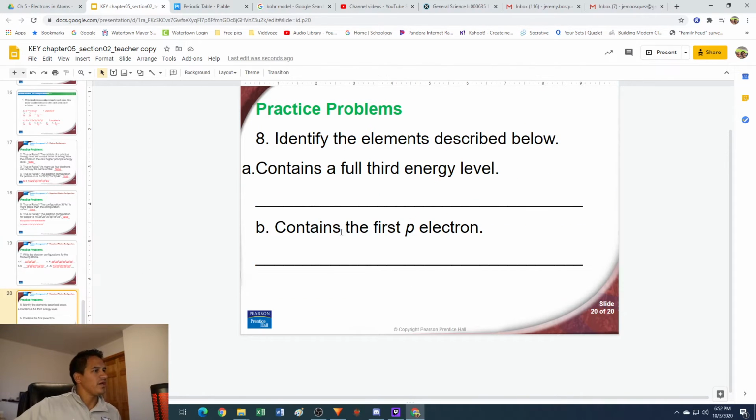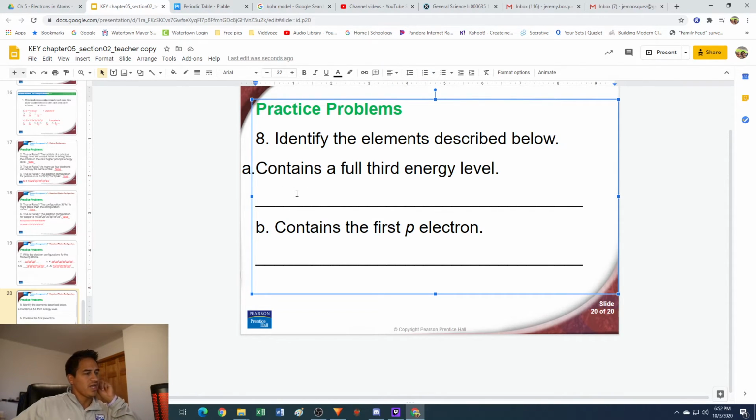All right. Lastly, A and B. Identify the elements described below. A: contains a full third energy level. So if it has a full third energy level, what this means is its 3s orbital is completely filled, so it's going to be 3s2.